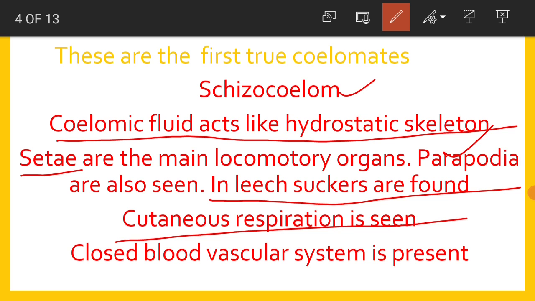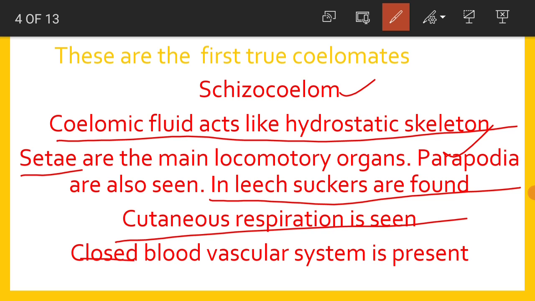Because of the moist nature, the skin of annelids acts as a respiratory surface. That is the reason why cutaneous respiration is seen in annelids. And if someone simply dries the body of earthworm with blotting paper, it simply dies.